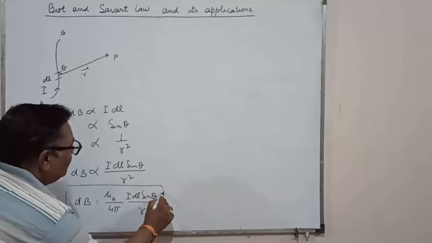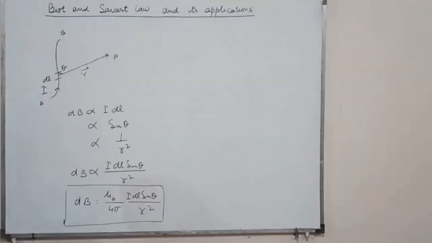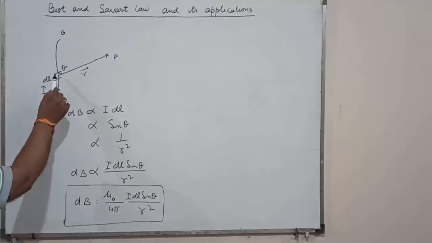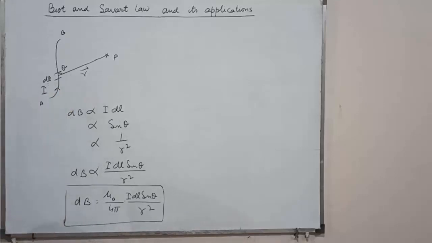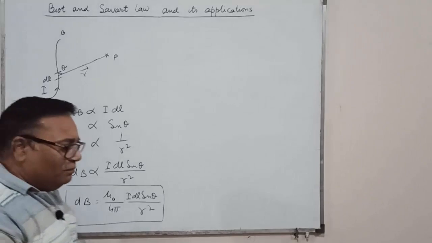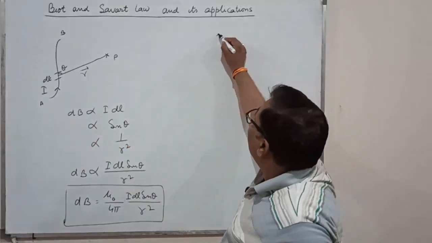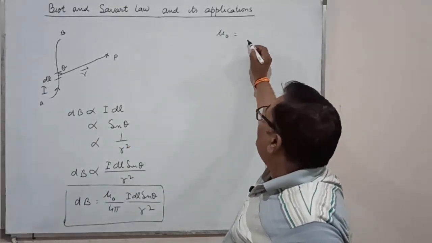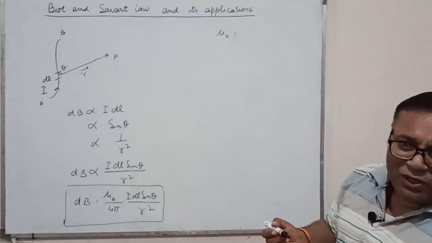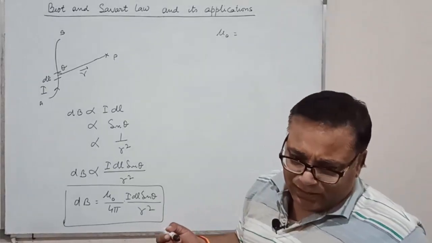This is the magnetic field intensity at the point P due to this current element Idl, where mu naught is the permeability of free space.